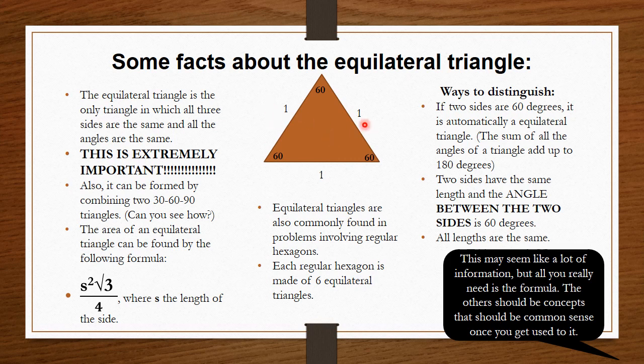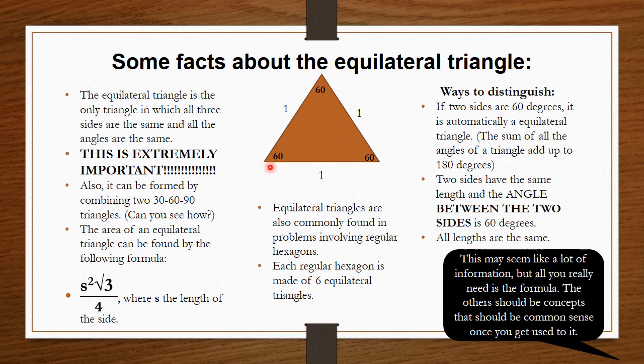All 3 sides are the same, like this, and each angle is also the same, 60. A very important formula is that the area of the equilateral triangle is s squared times root 3 over 4, if s is the length of a side.